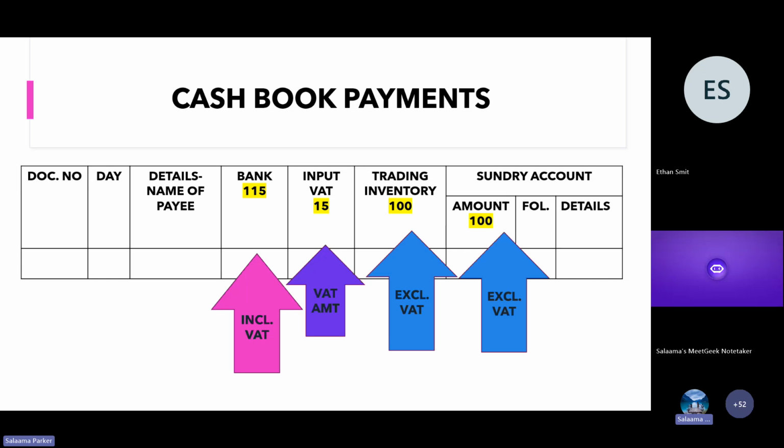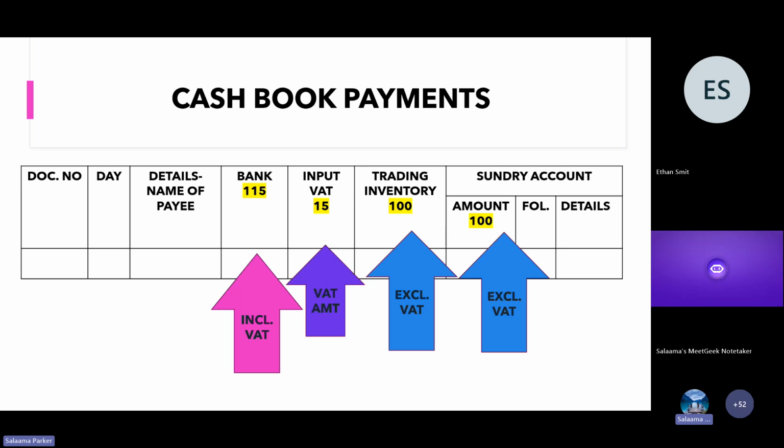Again, you have your document number, your day, details, or name of payee. Bank is again your inclusive VAT amount, and now it's input VAT. Please take note, now it's input VAT. In the cash book receipts, it was output VAT.